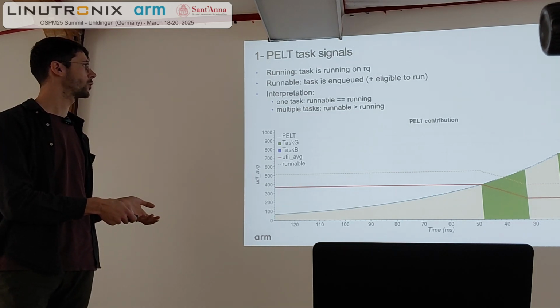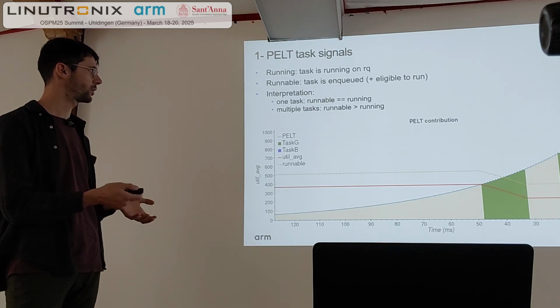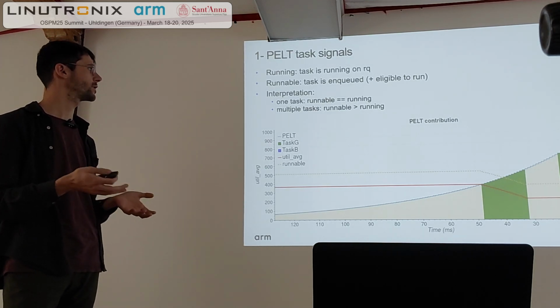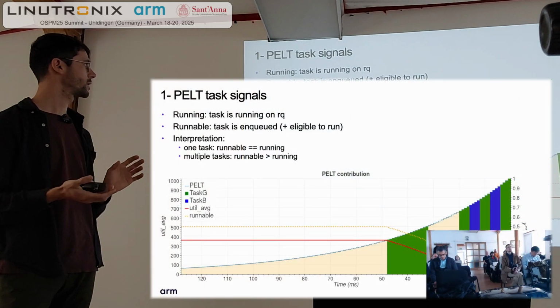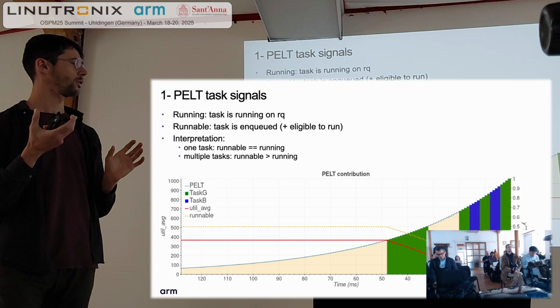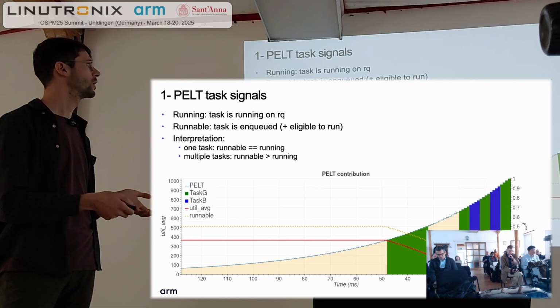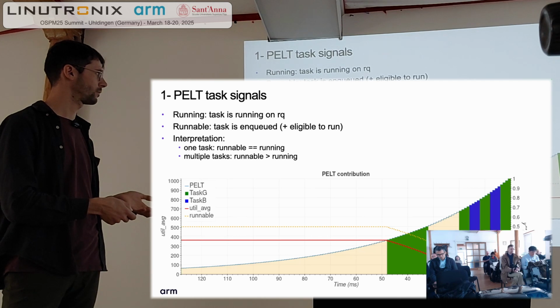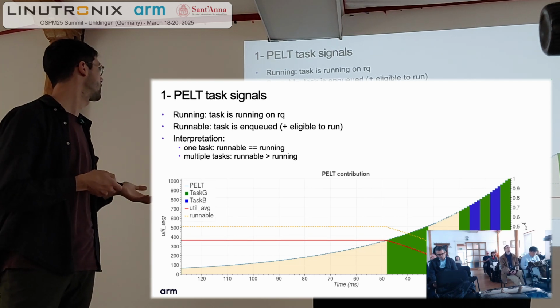We are accounting a contribution only when the task is running, so when the blue task is running, we are not accounting anything for the green task. And the runnable signal is accounting the contribution when the task is enqueued on the CPU. So even if the blue task is running, we are still increasing the runnable signal.